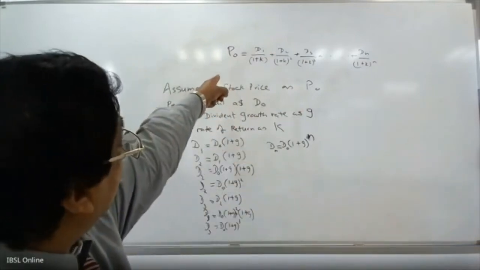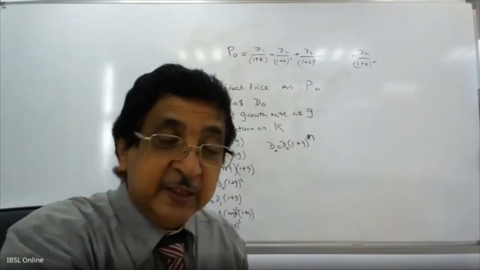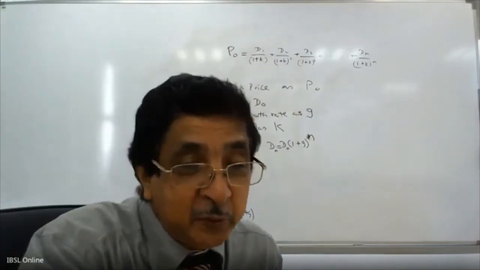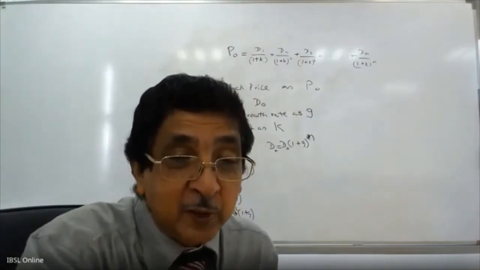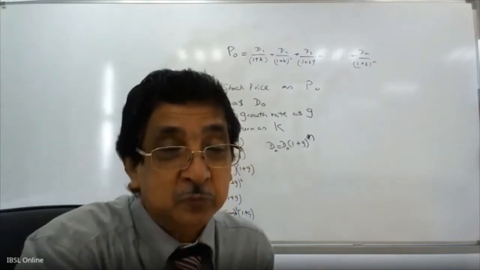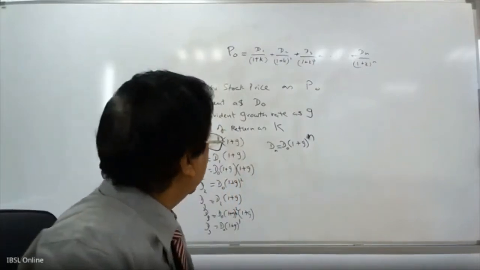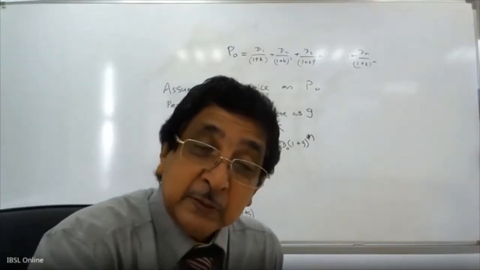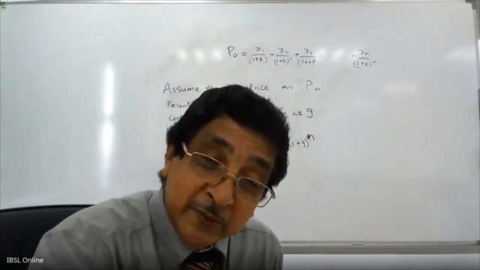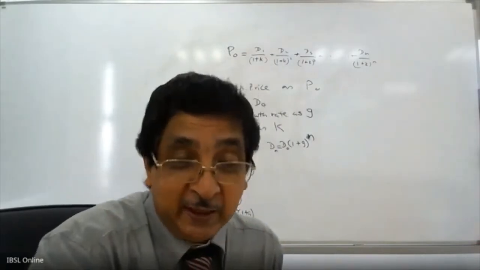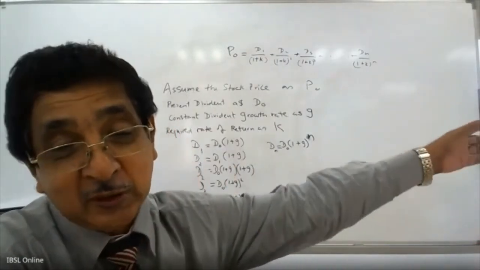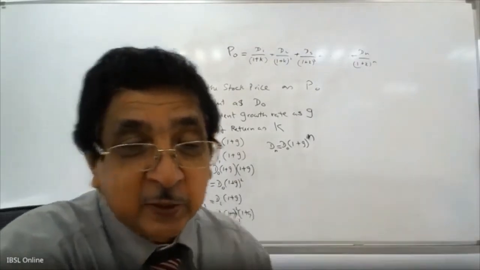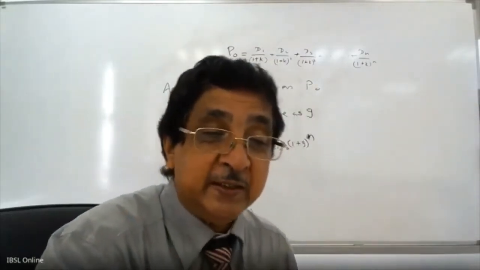In the place of D1, you can put D0 into 1 plus G. In the place of D2, you can put D0 into 1 plus G to the power 2. In the place of D3, you can show D0 into 1 plus G to the power 3. Likewise, you can go to Dn also. Then Dn can be replaced as D0 into 1 plus G to the power n.